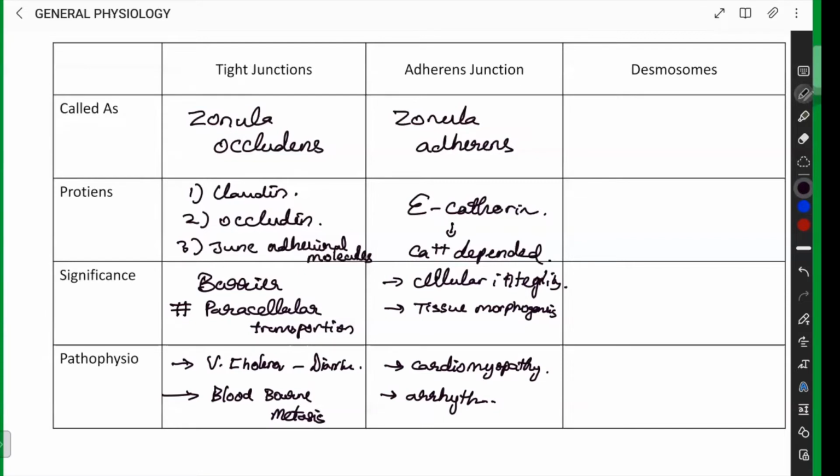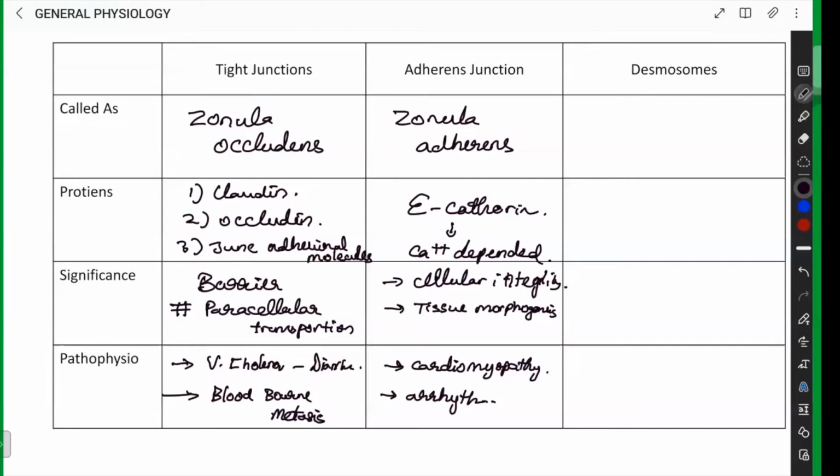That is what you call an arrhythmia. What is arrhythmia? When there is no coordination between your two ventricles, or between the atria and ventricles, between the cardiac myocytes, there is going to be non-synchronous muscle contraction, because of which there will be arrhythmias. Why is that occurring? Because there is damage to the adherence junction.